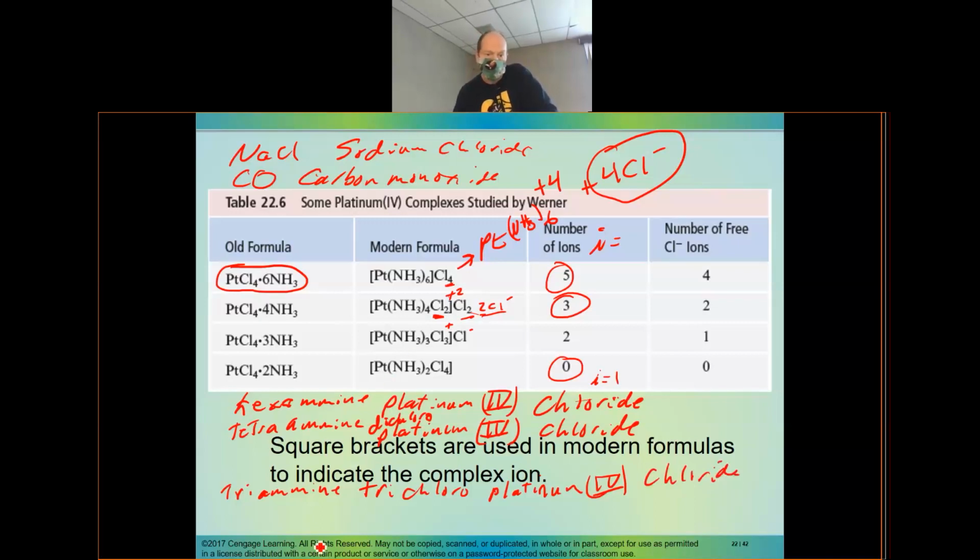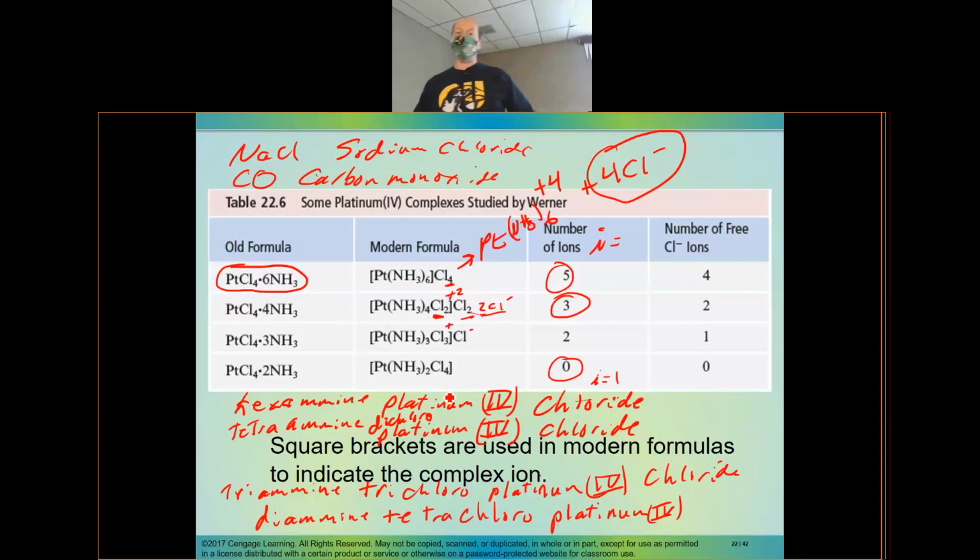And then the last one is simply your diamine, tetrachloro, platinum 4. So all of these have 4 chlorines for a minus 4.